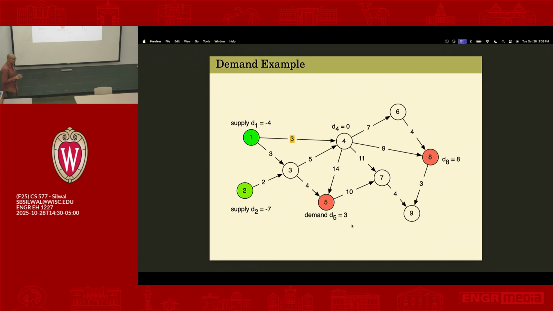Okay, so any idea how to turn this into a max flow problem? Like a standard flow problem that we saw before. Previously, we needed a source and a sink. Here, it's not so clear. Any idea? Yeah. Sorry, can you say that again?